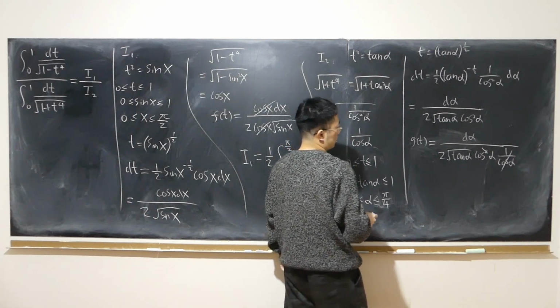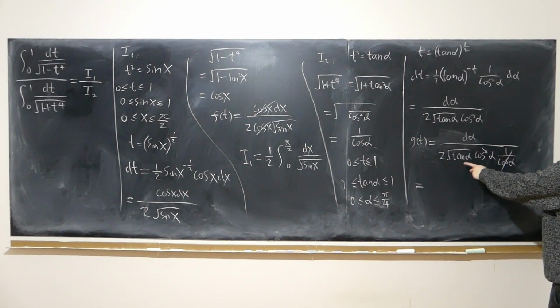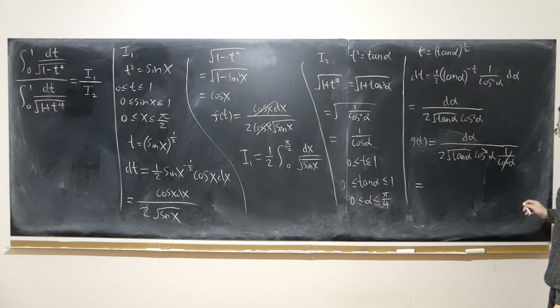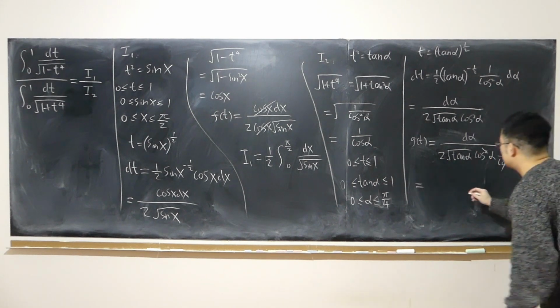But then tangent is equal to sine over cosine, and there is a square root outside. So I'm going to simplify with this cosine and put everything into the square root.